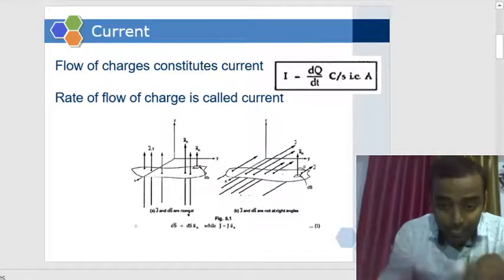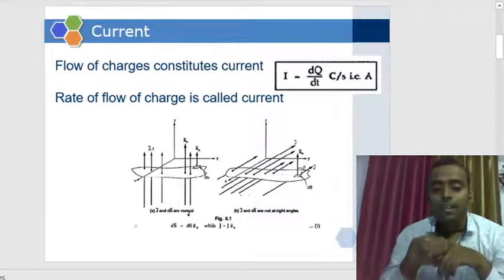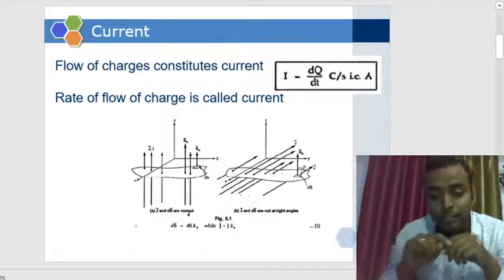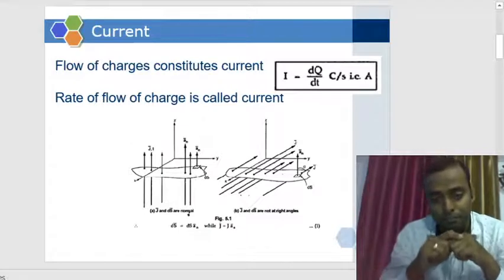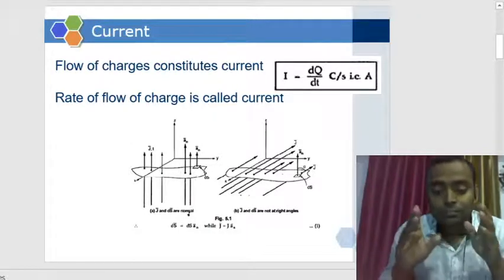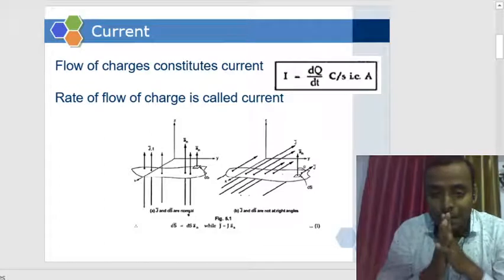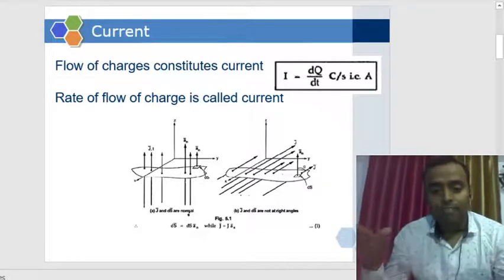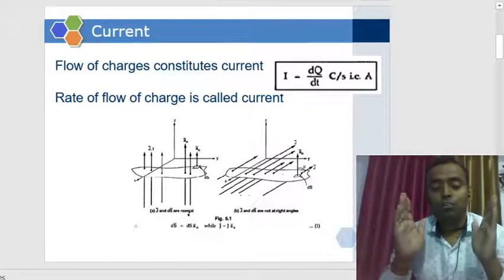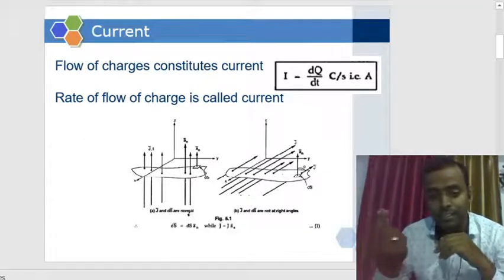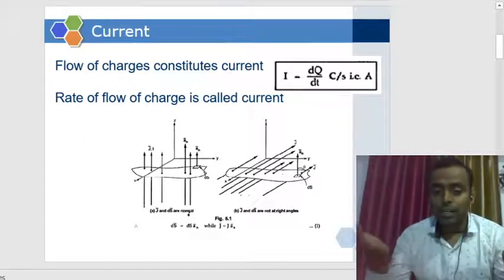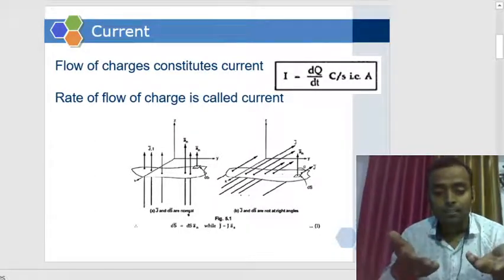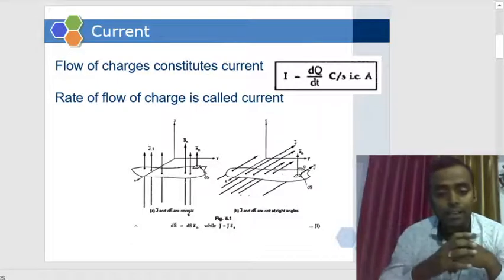So an is, here you can see, the normal vector over that incremental surface area. Okay, so if a current is flowing through any surface area, and we want to calculate per unit surface area, how will we calculate? Total current divided by total area.